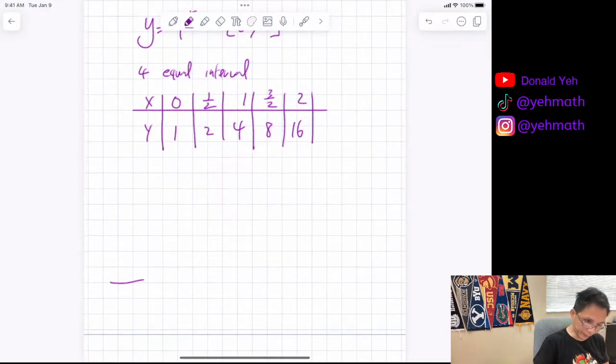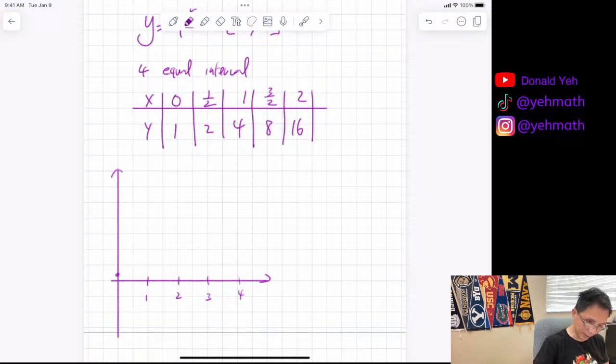I'm going to draw it for you. And that way you have to understand that in terms of drawing, that's what you have to do. So let's just say this is a 1, this is 2, this is 3, and this is 4. And each one is 2. So at 0, it's going to be 1 right here. At the half, it's going to be 2, which is right here.